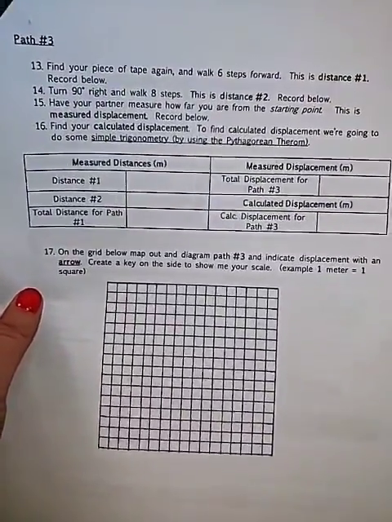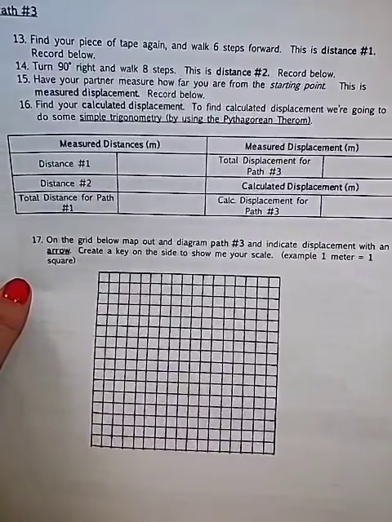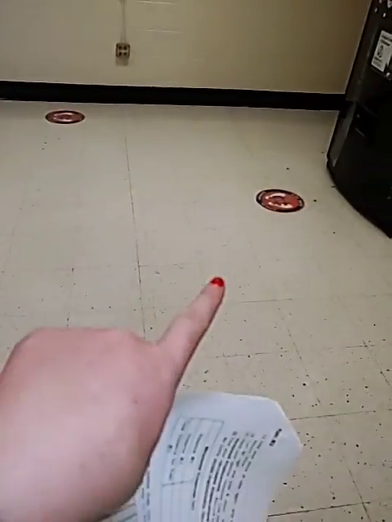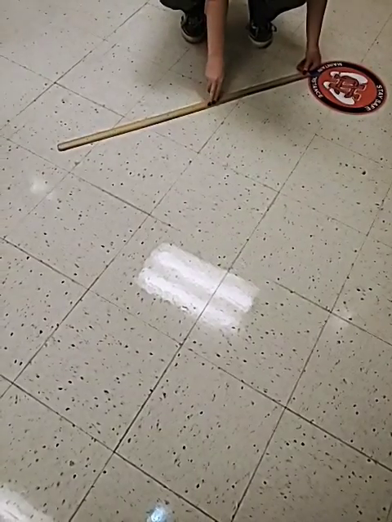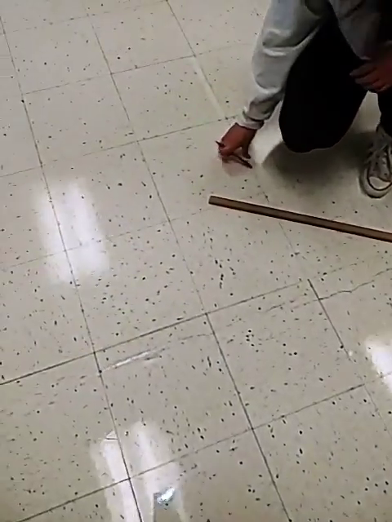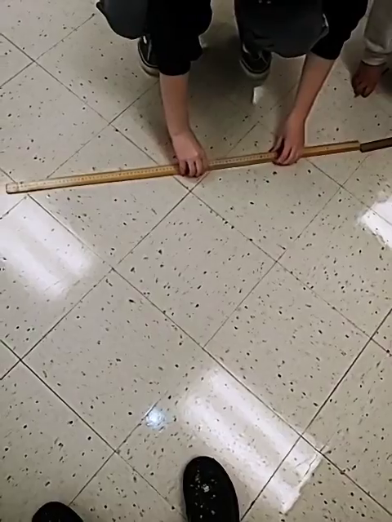Number 15, have your partner measure how far you are from the starting point. This is your measured displacement. We will be measuring from our starting point all the way over to our ending point for our displacement.